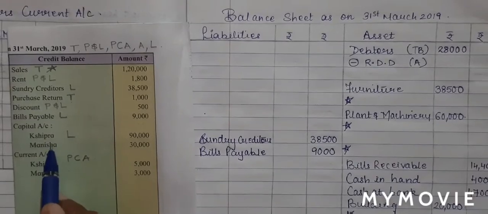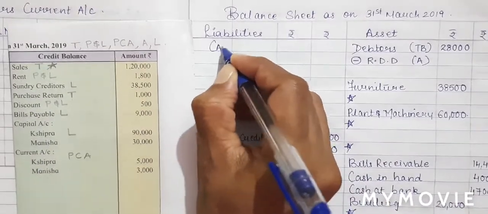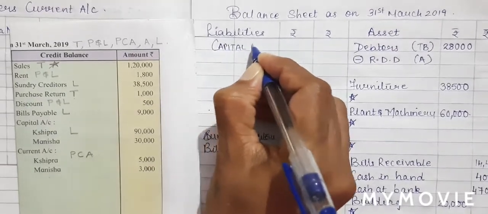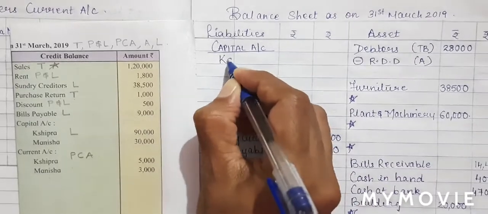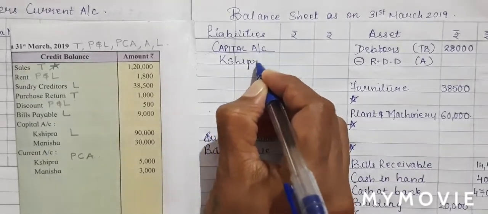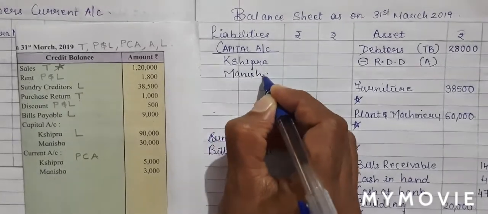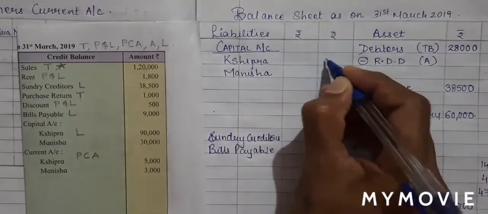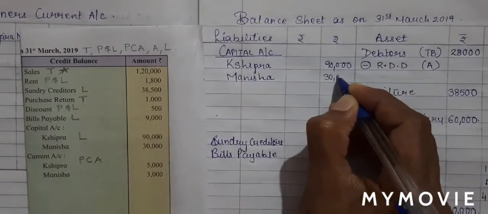Next is capital. So capital will be again written on my liability side. I'll give the heading as capital account. Underline it. Write the names of the partners, Shipra and Manisha. And I'll write their amounts directly in the outer column, 90,000 and 30,000.